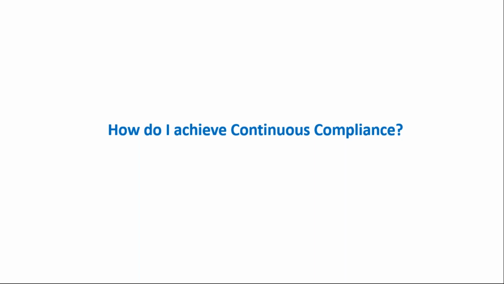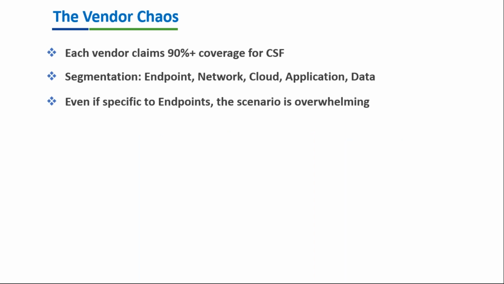It also touches upon the 5 layers of a resilient cybersecurity framework. The implementation is where it becomes the rough patch, and becomes complicated. So if you look at the vendor scenario, each vendor you talk to, the claim is that 90% or 90+% of coverage is available for CSF.